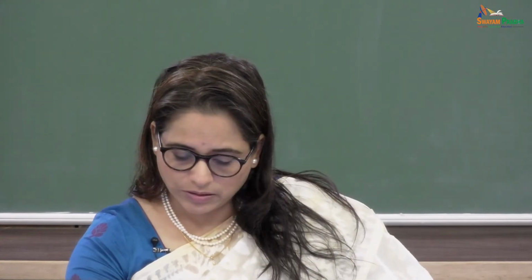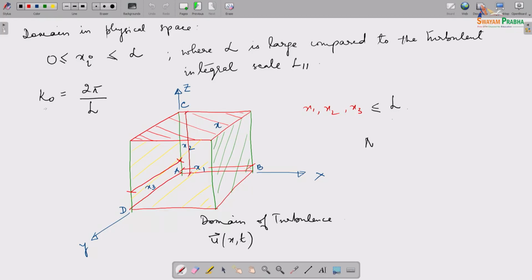So it's only how much is possible that we should be able to do. So anyway, in DNS, N cubed wave numbers are represented.